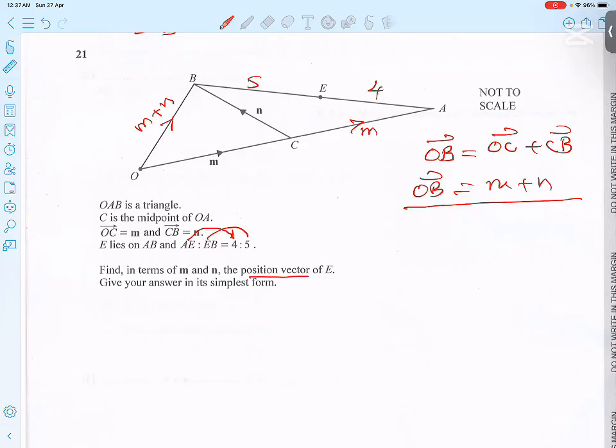To find the position vector of E, starting from O. Whenever a position vector comes starting from O, I have two plans: O to C, C to A, and A to E, one choice, or O to B, B to E, second choice. I can choose any one. So I choose the lower one: O to C, C to A, and A to E. Both are m, so I'm copying m plus m.